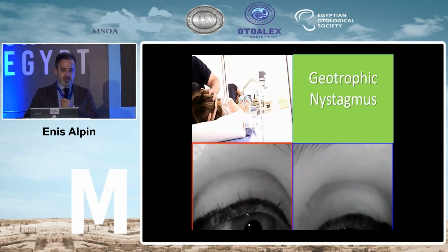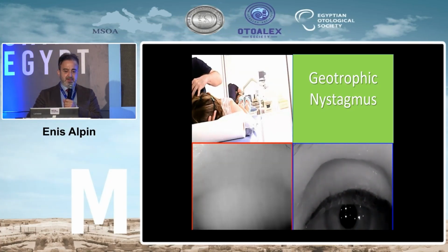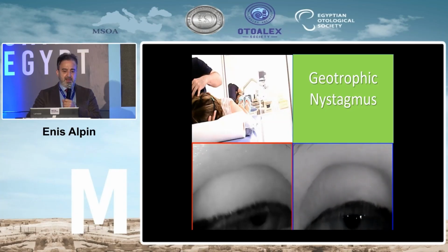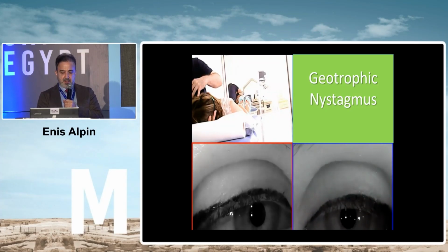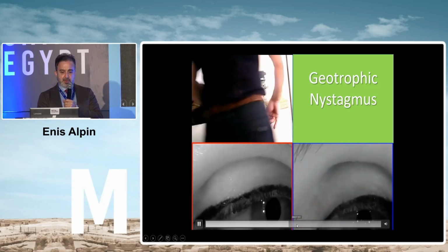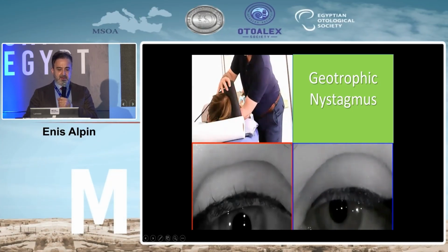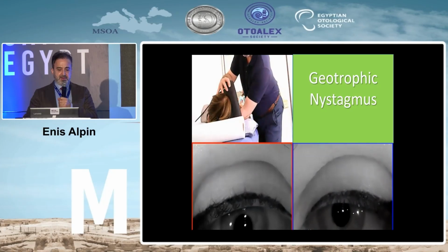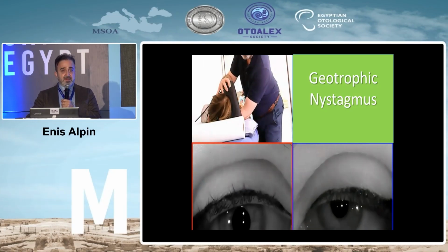Now, you see, we turn the head to the left side, and the first phase of the nystagmus is towards the left. And this is geotropic. And when we turn the head to the right side, we notice that it's geotropic on the right side, but it's faster.